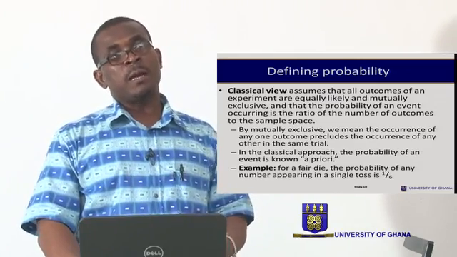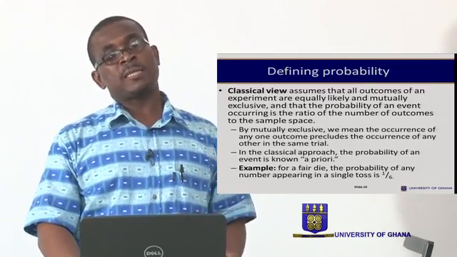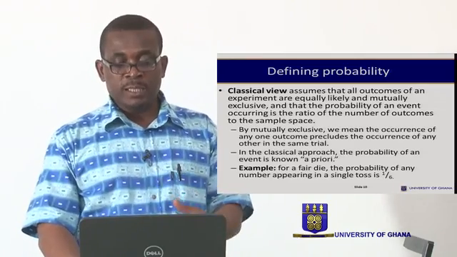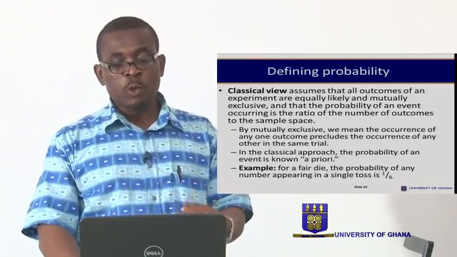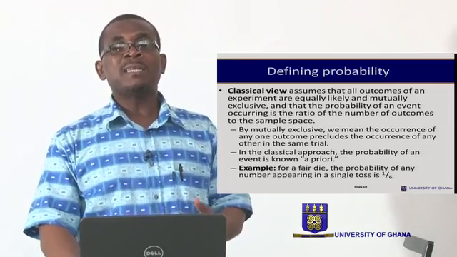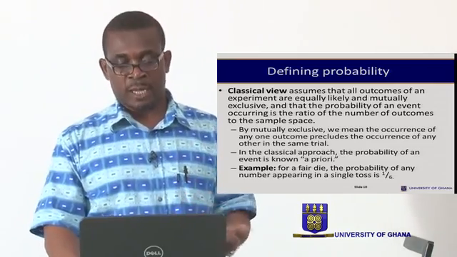Now, what is good about the classical approach is that the probability of an event is said to be known a priori. In other words, it is even known before the experiment takes place.